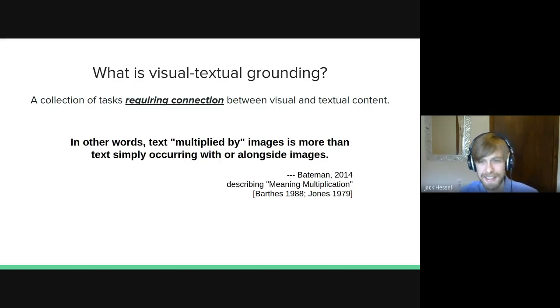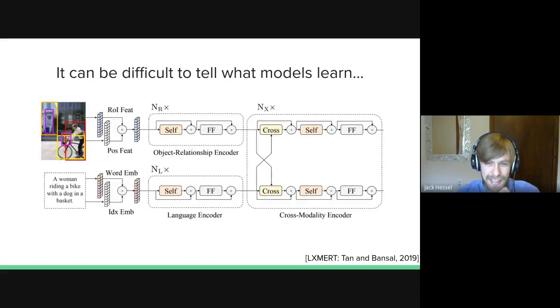And indeed, I think this is a similar definition that the semioticians like to use for meaning multiplication. But if you look at state-of-the-art image text classification models, they're quite sophisticated and complicated and difficult to interpret. This is an example of one of the highest performing models that I've had a chance to play around with.